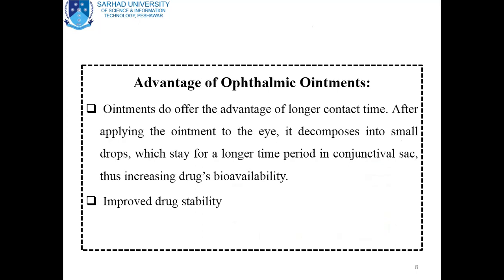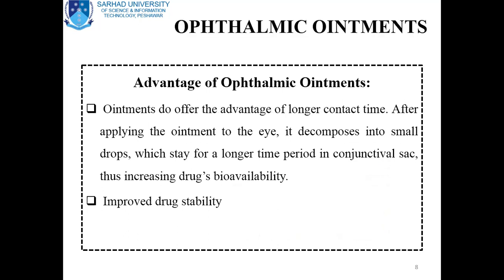There are different advantages of the ophthalmic ointments, but the prime advantage is that ointments offer a longer contact time. They provide a longer contact time to the formulation after the application of the ointment to the eye.